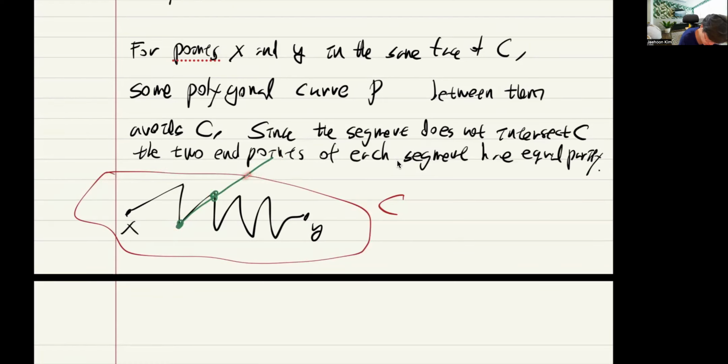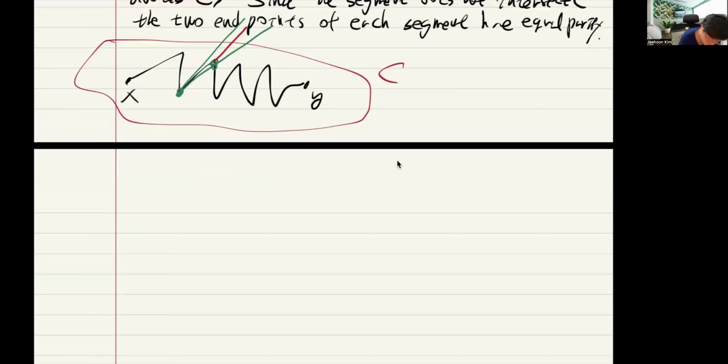If so, then we slightly alter it, and you take this endpoint and this ray and then this ray, and you make it as close as possible so that between them there are no endpoints of C. Then you can check that they have the same parity in terms of this number of intersections. So that shows that this and this have equal parity, and this and this have equal parity, and this and this have equal parity. So X and Y have the same parity.